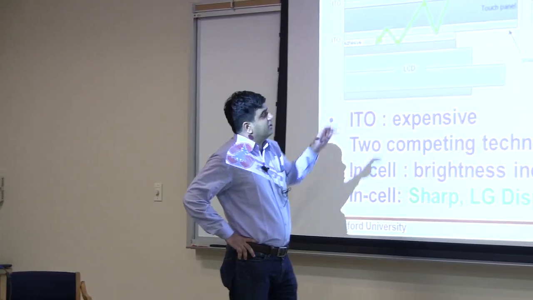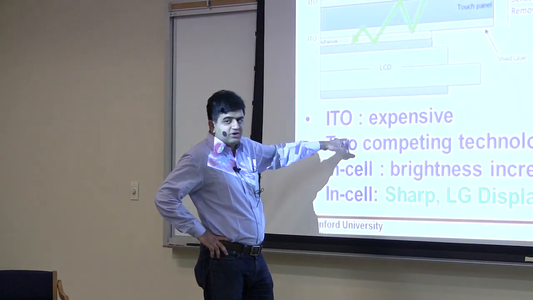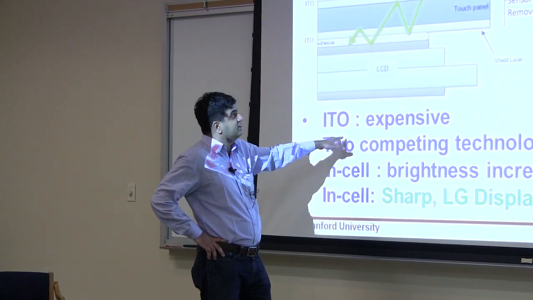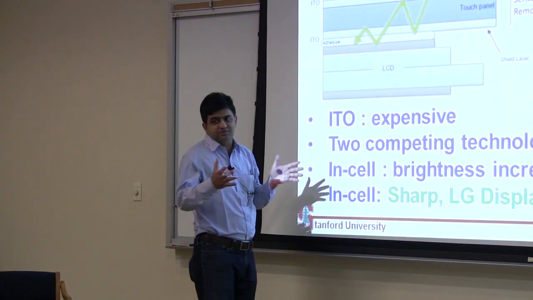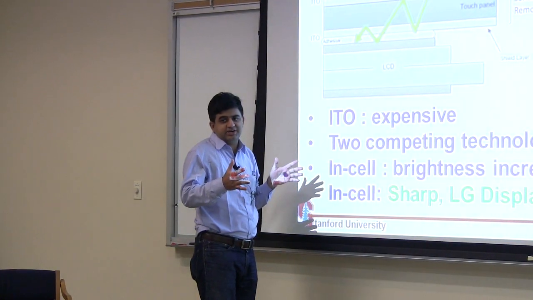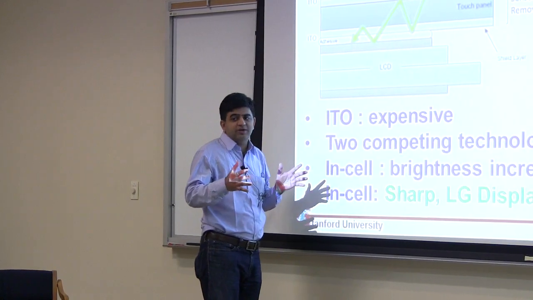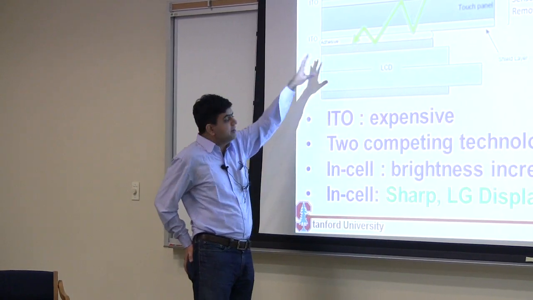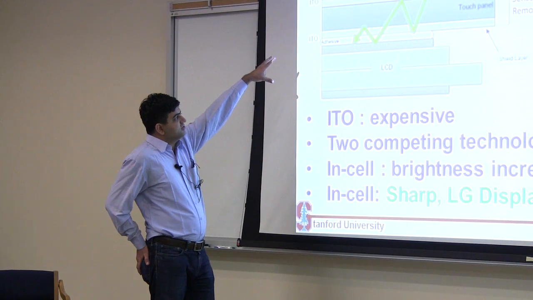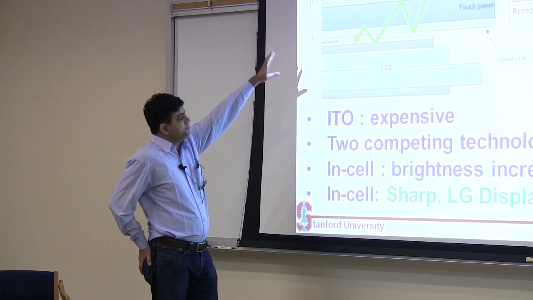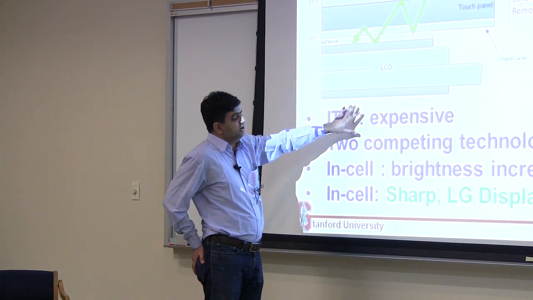And remember, we talked about that touch screen being $40. This ITO roughly costs around $1 per square inch just for that coating. So if you have your iPad size display, it would be 15-20 bucks just for this ITO coating. So first of all, it degrades the brightness of your display. It costs quite a lot.